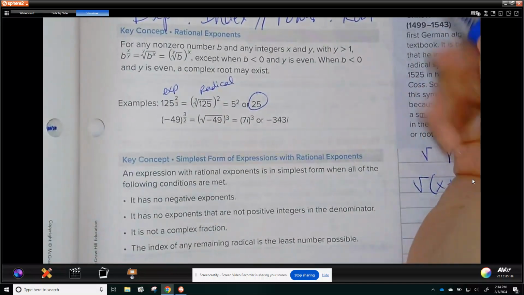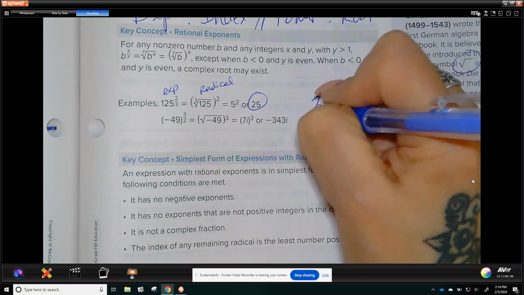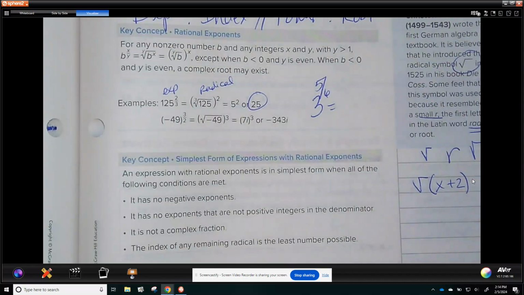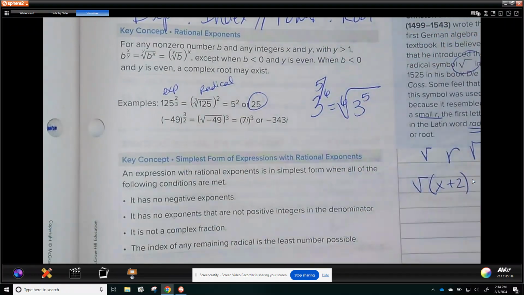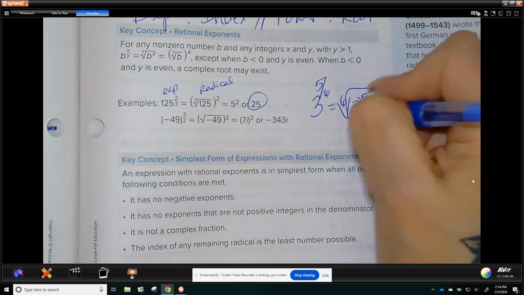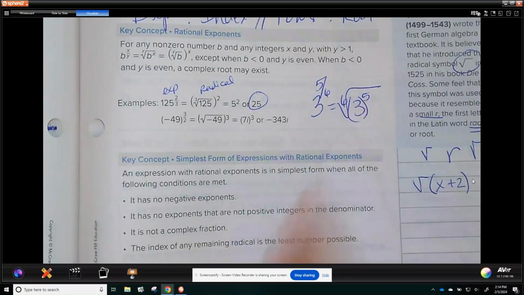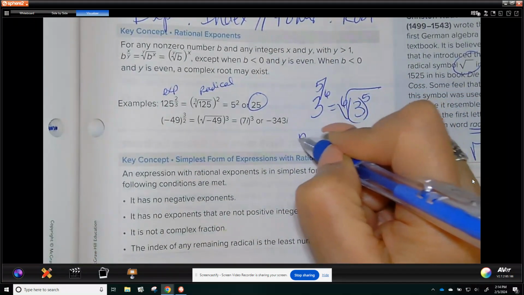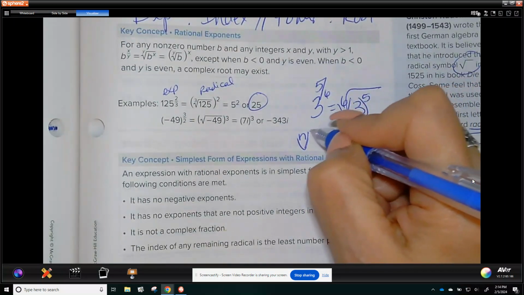So if I have, let's say, 3 to the 5/6, that is the sixth root of 3 to the 5th. And you could put parentheses or not. Can't take the sixth root of 3, so this one I'd have to raise to the power of 5 and then take the root. In your calculator, or my calculator, you have this and you could do any root.